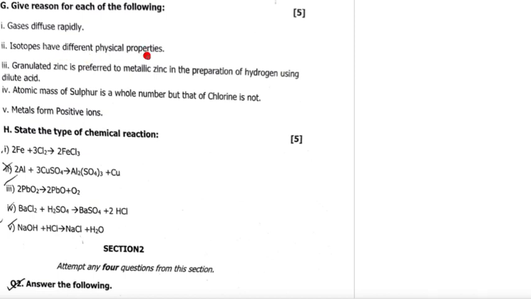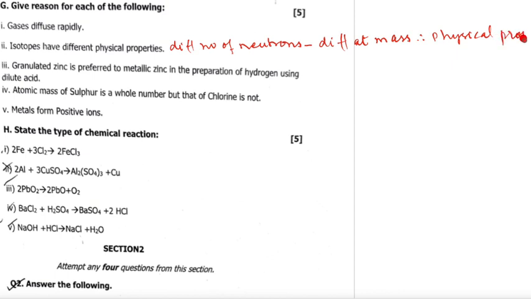Now, isotopes have different physical properties because they have different numbers of neutrons, which means they have different atomic mass. So the physical properties will be different.